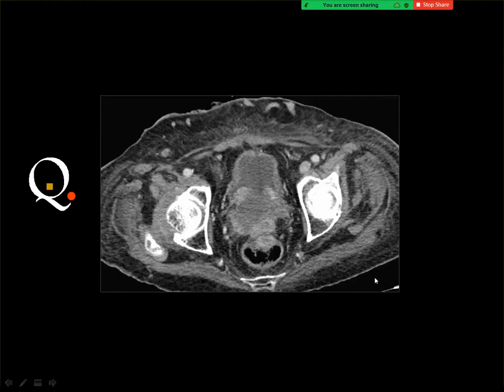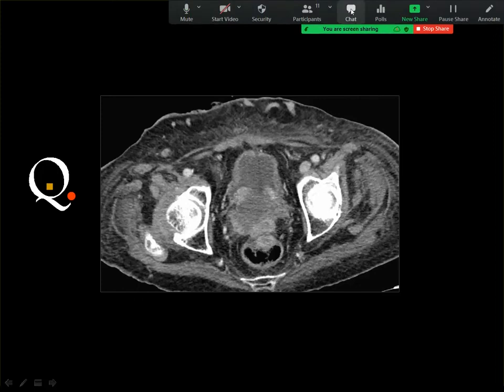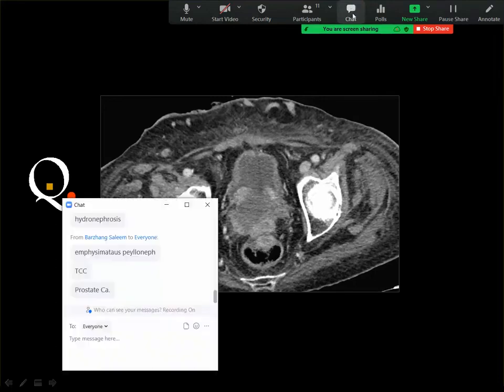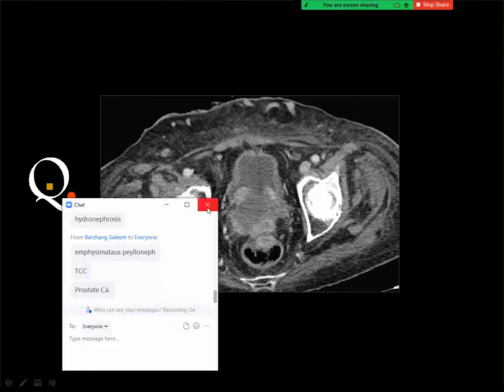The next case is a CT scan after contrast injection of the pelvis in the region of the urinary bladder, prostate, and rectum. Yes, and the answer is good.